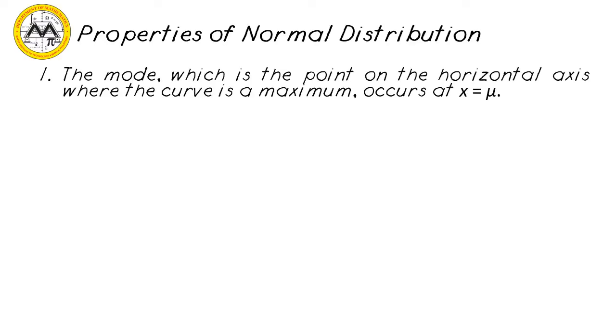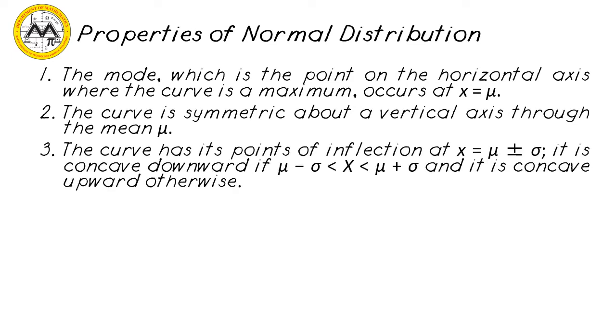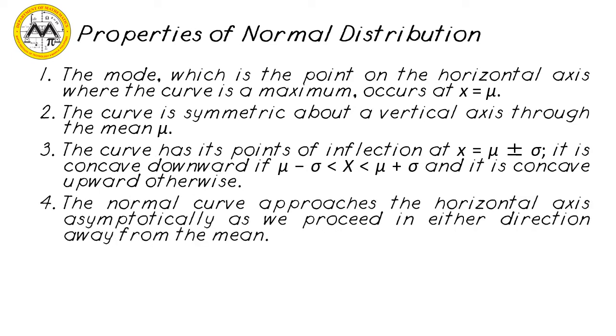The properties of the normal distribution are: the mode, which is the point on the horizontal axis where the curve is a maximum, occurs at x equal to mu. The curve is symmetric about the vertical axis through the mean. The curve has its points of inflection at x equal to mu plus sigma and mu minus sigma, and it is concave downward if x is from mu minus sigma to mu plus sigma, and concave upward otherwise.